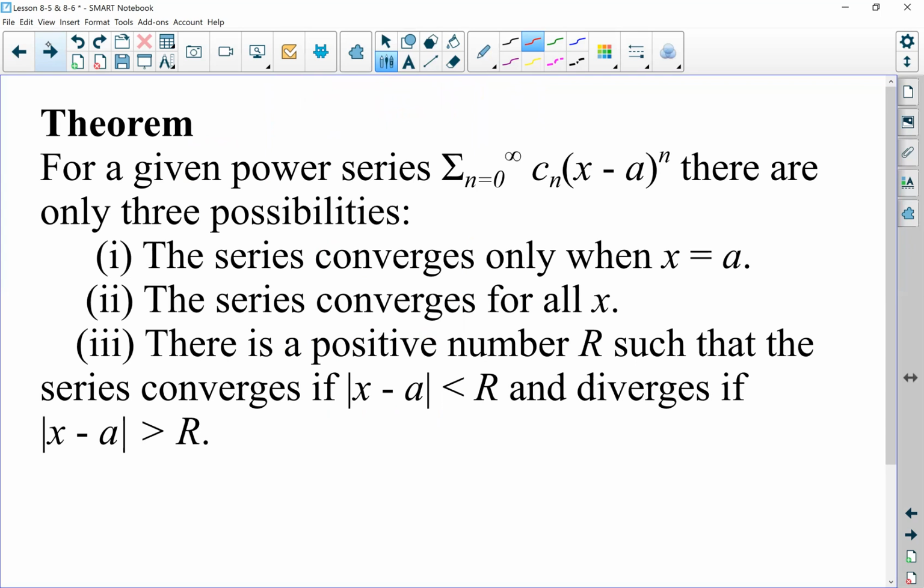All right, so there are three things that can happen when we look at a power series. Either it only converges at one value, or it could converge for all values, or there's a range of values for which it converges.